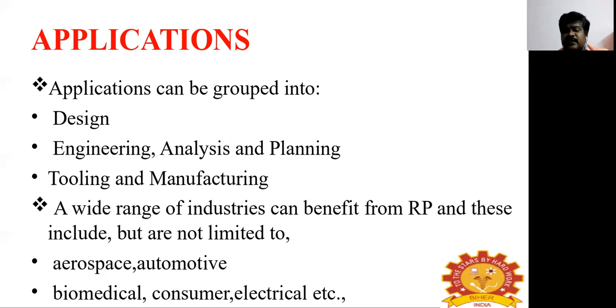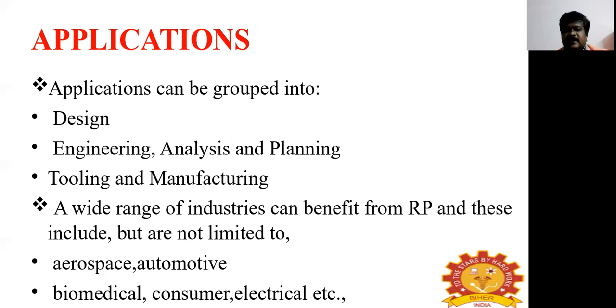We can take consumers. The electrical appliances, which we cannot produce by conventional or traditional means, we can go for rapid prototyping. Here we don't require any tooling, and the wastage of material is very, very less when we compare to the general, traditional means.